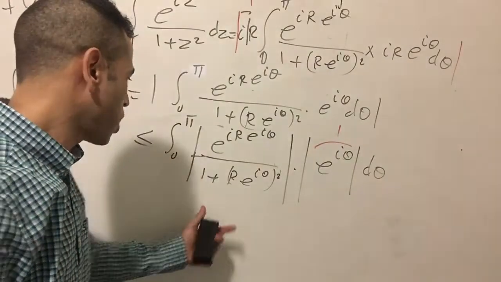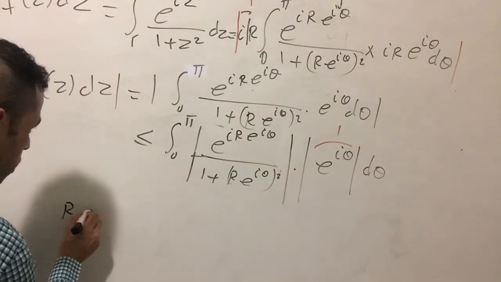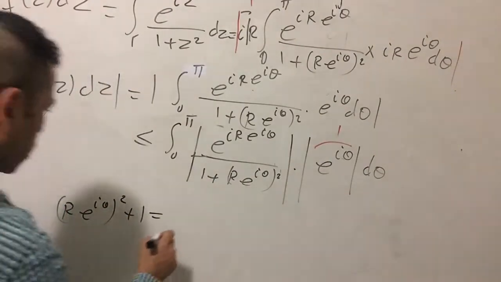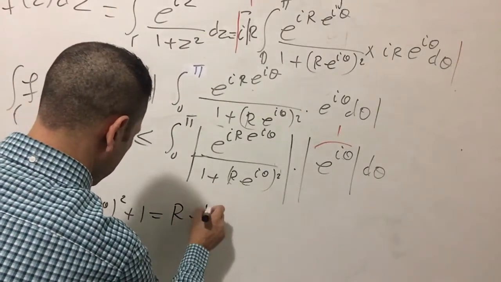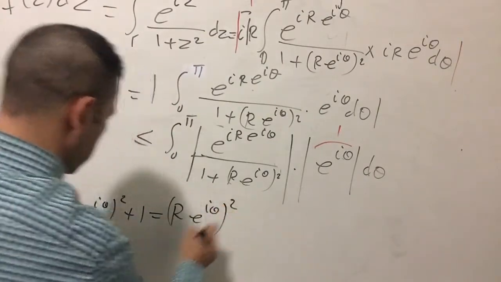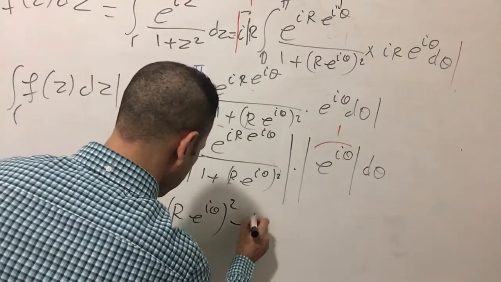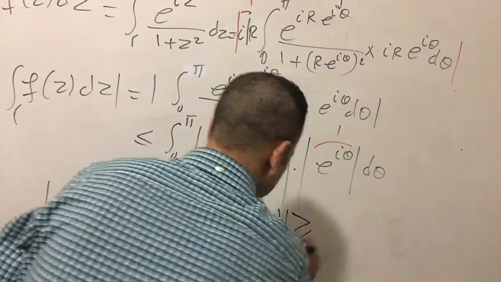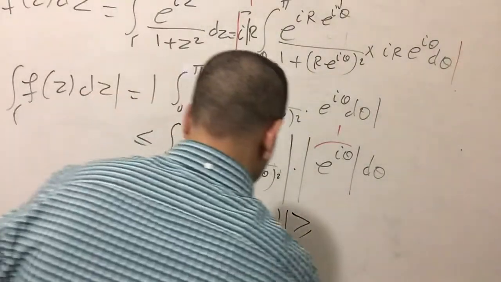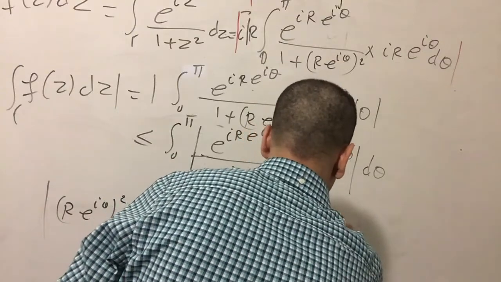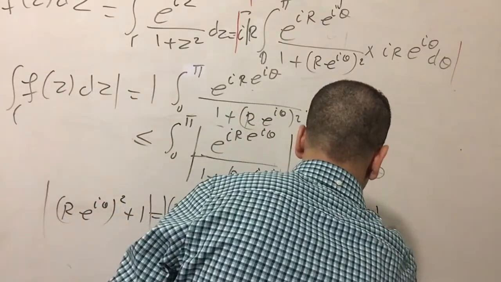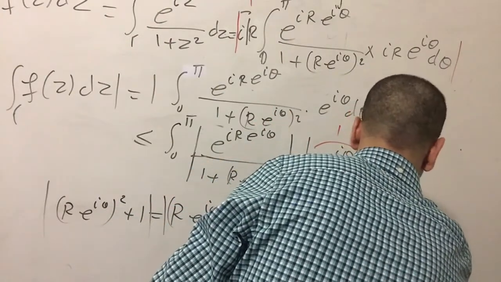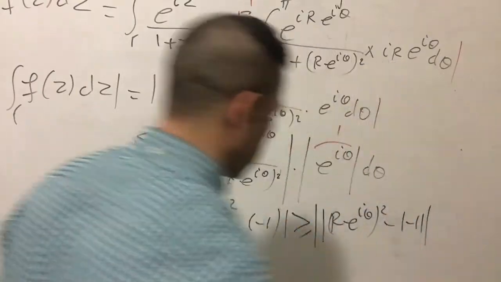Now I'm going to apply the triangle inequality. So we'll have r e to the i theta quantity squared plus 1. This plus 1 I can rewrite as r e to the i theta quantity squared minus minus 1, like this. By applying the triangle inequality, this will be superior or equal to r e to the i theta quantity squared minus 1, like this.